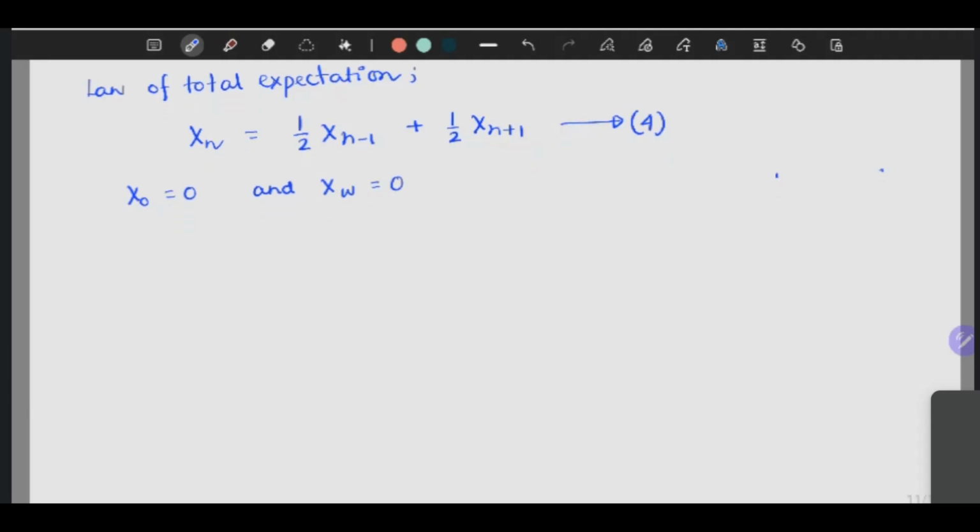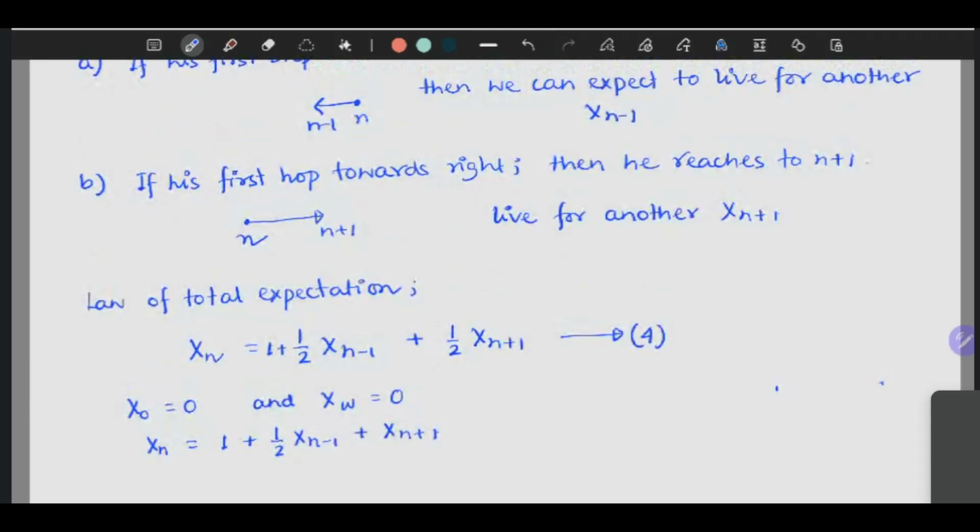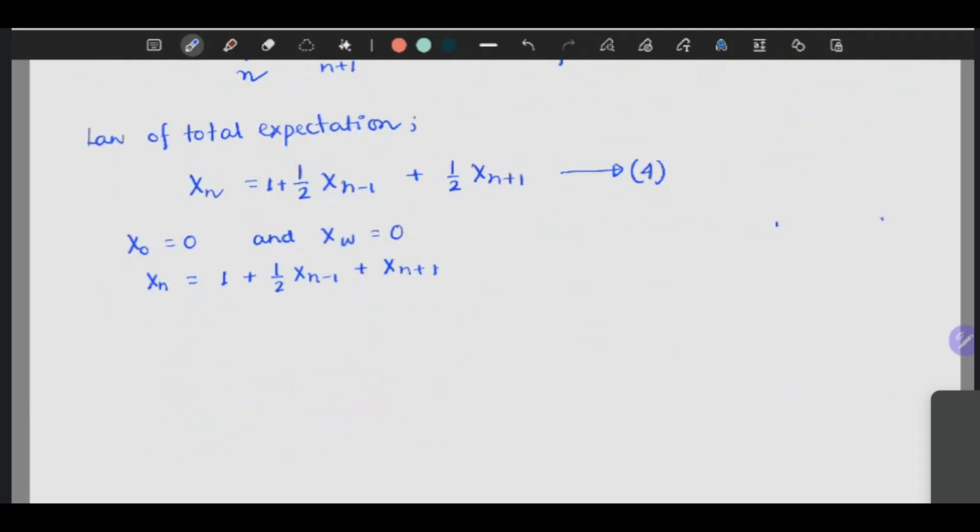And xn will be 1 plus half of xn minus 1 plus xn plus 1. Sorry, there will be a 1 because you have to take one step, right? So this is the relation.